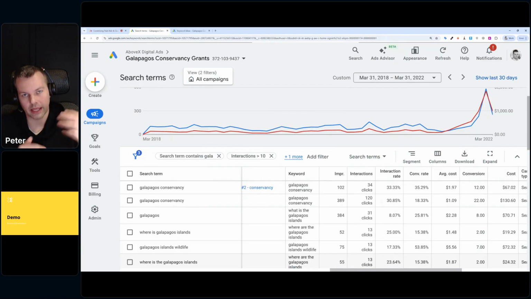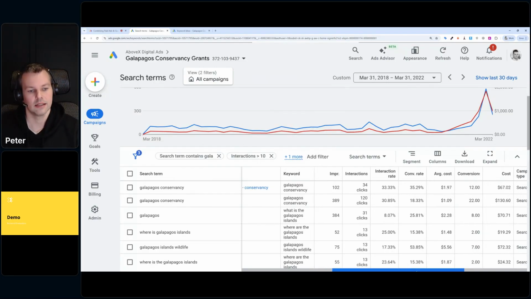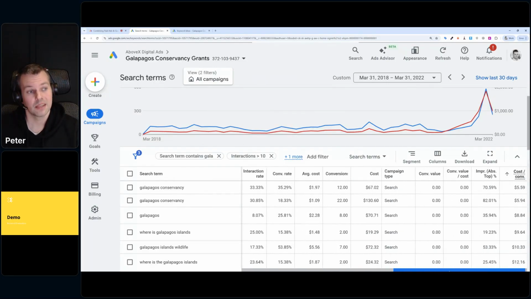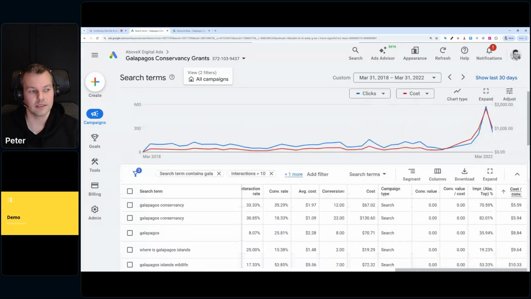So we only want to look at keywords with a certain number of clicks. That's the second filter I apply, and the third filter I apply is conversions greater than 1, because if a keyword has 0 conversions, obviously again there's no way for us to evaluate it. So now I have these 3 filters in place.